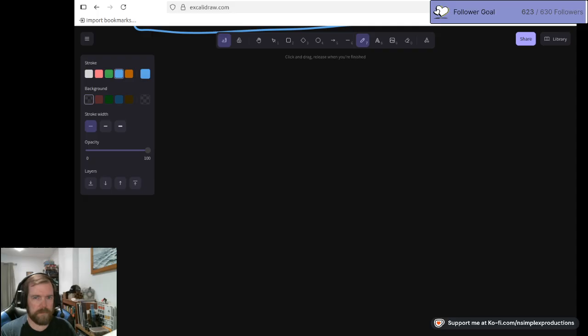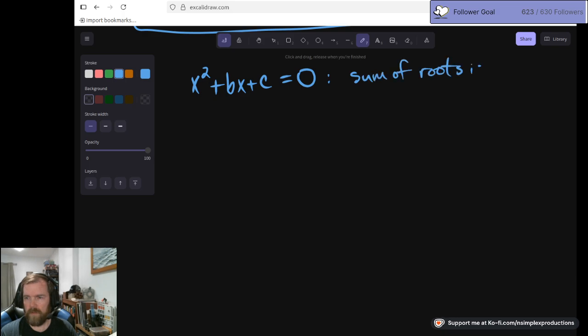Another example below it is for the equation x squared plus bx plus c equals 0. The sum of the roots is 3.